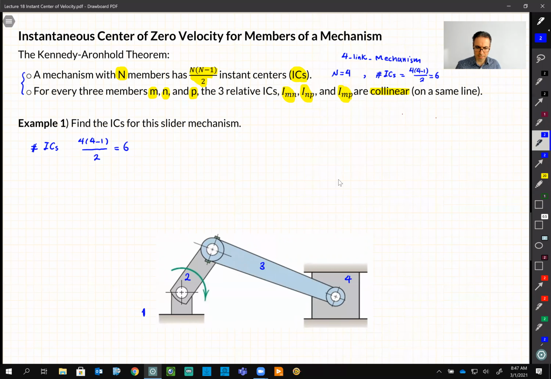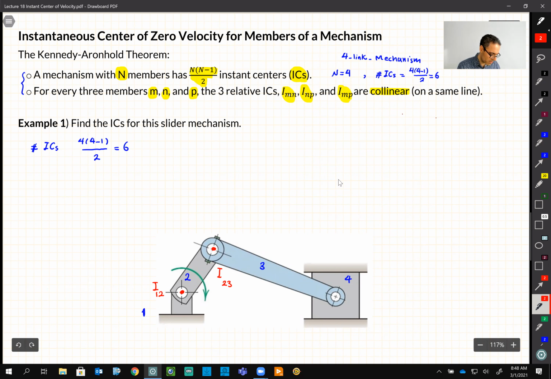So again, as a hint, first start with the obvious ones. The obvious ones are the ones that you know are joined. Like this one is I12. This one is I between 2 and 3.